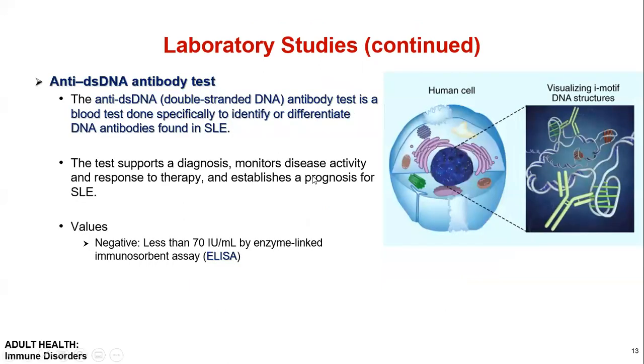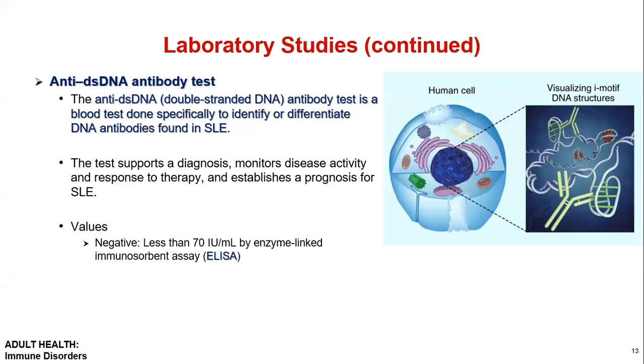Now, other test, it is called anti-dsDNA antibody. So DN means double-strand DNA. So anti-double-strand DNA antibody test is a blood test done specifically to identify or differentiate the DNA antibodies found in systemic lupus erythematosus.